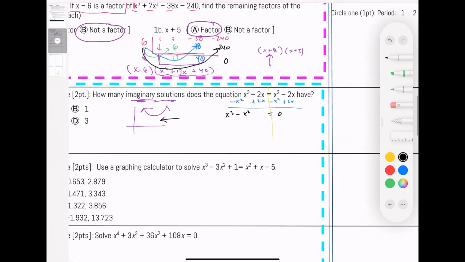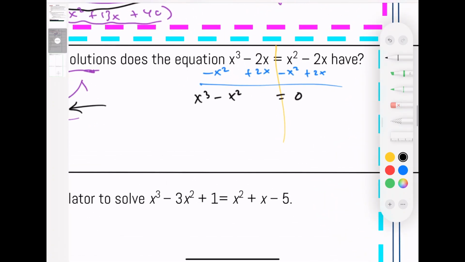And you can do a couple things here. I think it's easy just to solve it if you can. And then set each of these equal to 0. Remember, you can't have plus or minus 0, so that's just x equals 0. And it's twice because it's a power of 2.